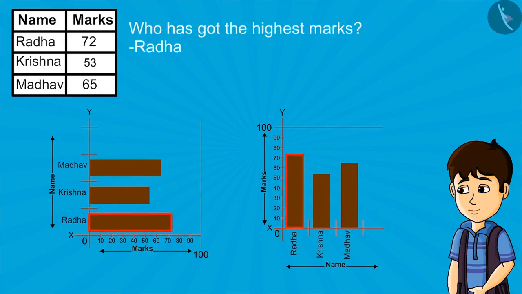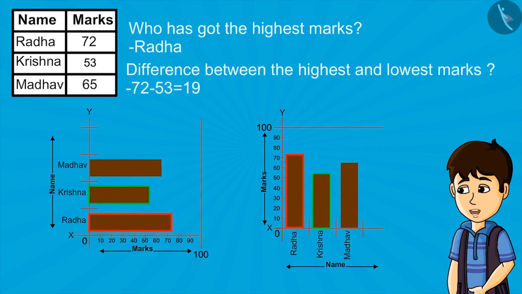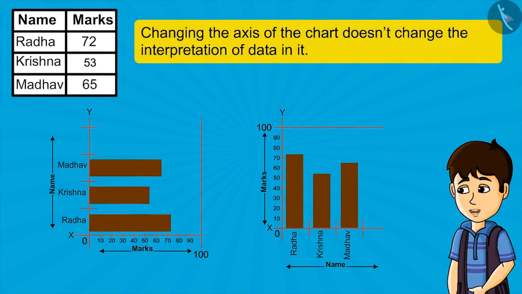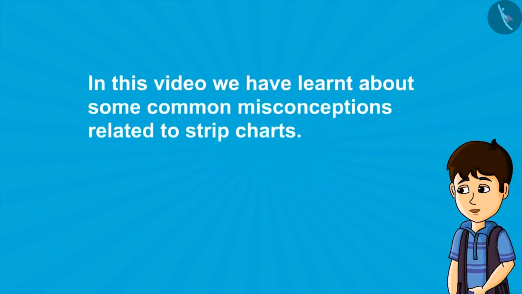Who has got the highest marks, the difference between the highest and lowest marks, etc. So, we can say that changing the axis of the chart doesn't change the interpretation of data in it. So kids, in this video, we have learned about some common mistakes.